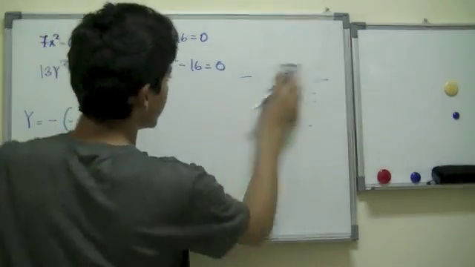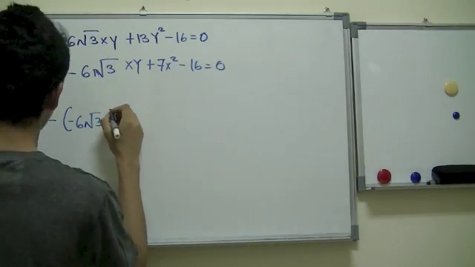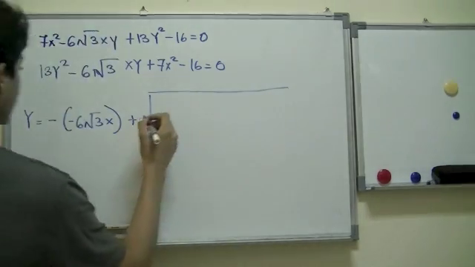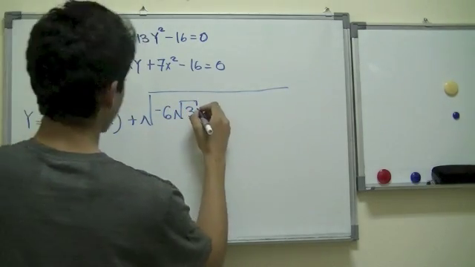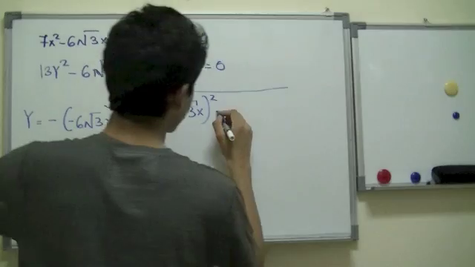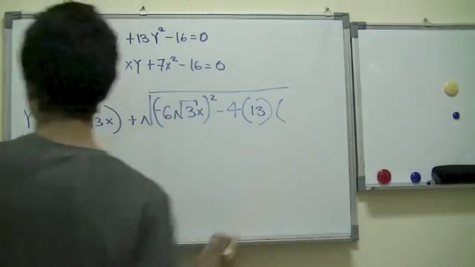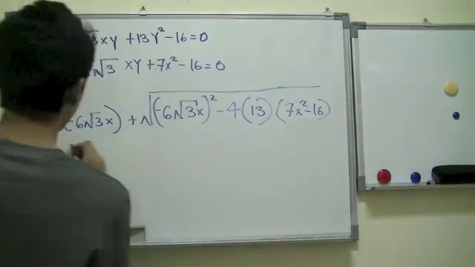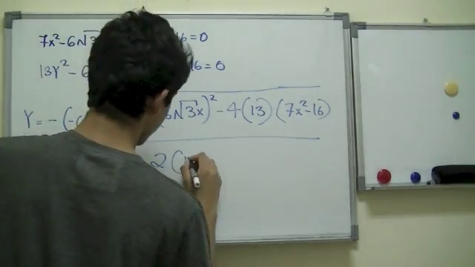Now it's just going to be a lengthy form, so I'm just going to erase this and try to write it as small as I can. Okay, plus square root of minus 6 radical 3 x squared, okay, minus 4a, which is 13, c, which is 7x squared minus 16, all divided by 2 times a, which is 13.